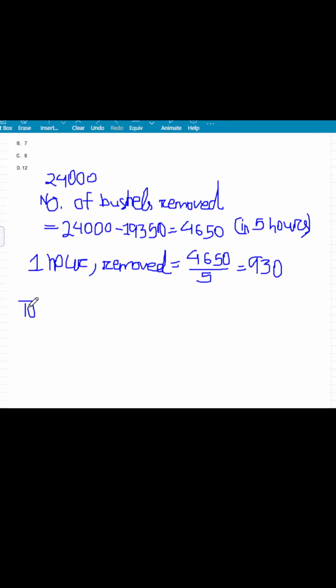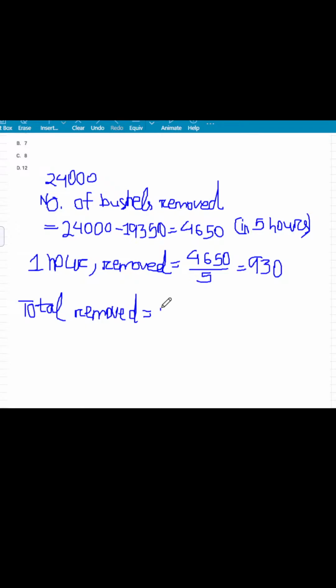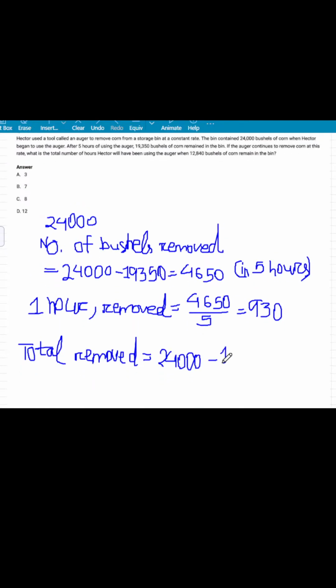Total bushels removed is equal to 24,000 minus 12,840, which is 11,160.